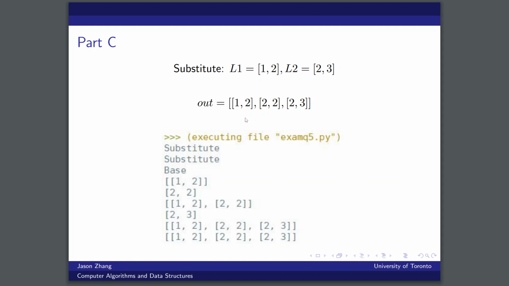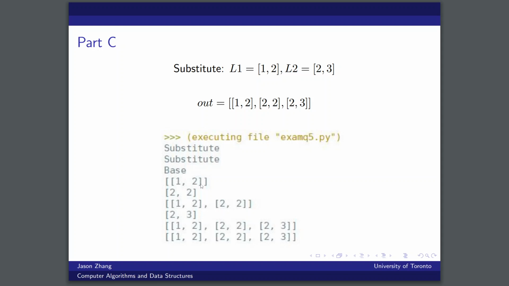In the case of a substitution here, I included a snippet from my terminal, which basically shows how the function works. So because we're working backwards, we're going recursively. We see that first we have our base case, which is L1 is equal to 1, 2. Then our function realizes we need to perform a substitution followed by another substitution.